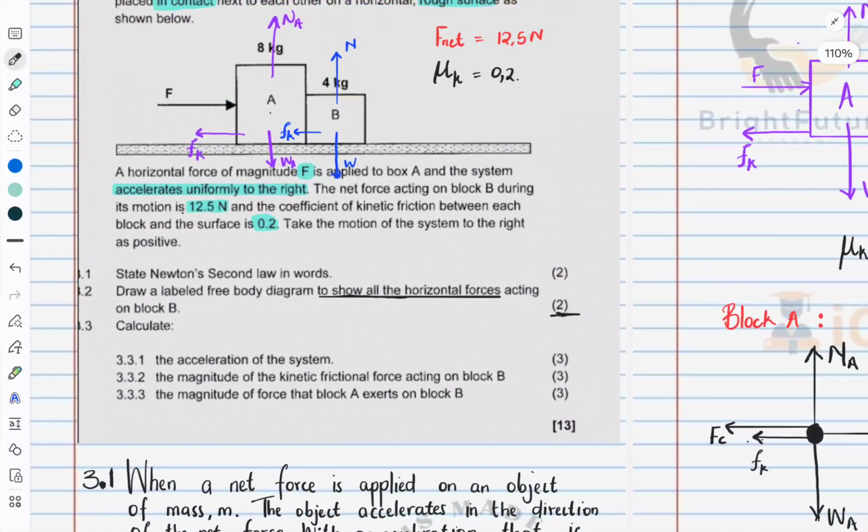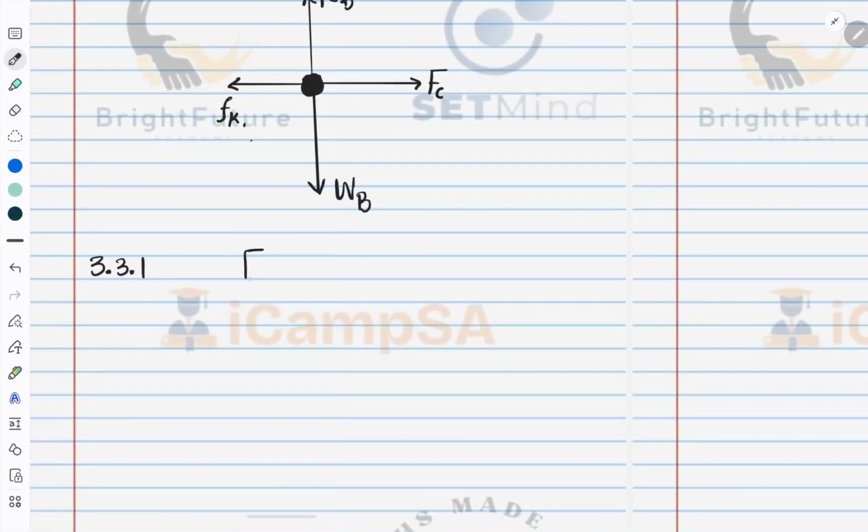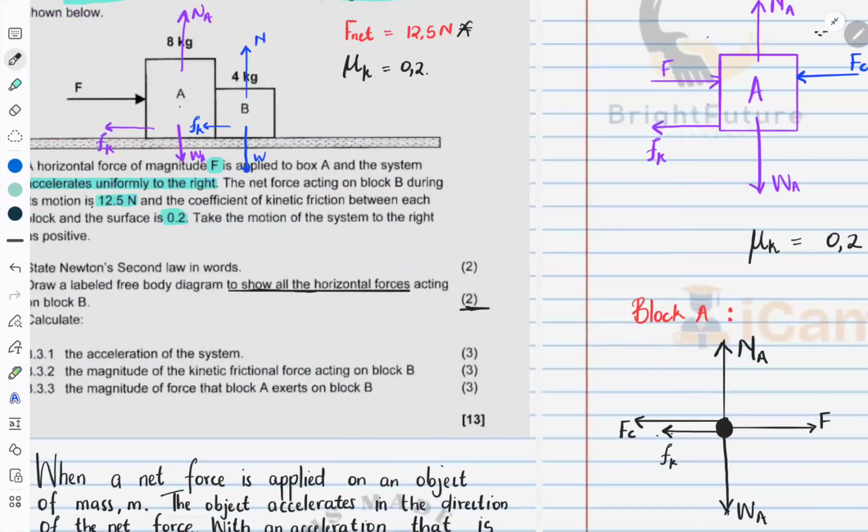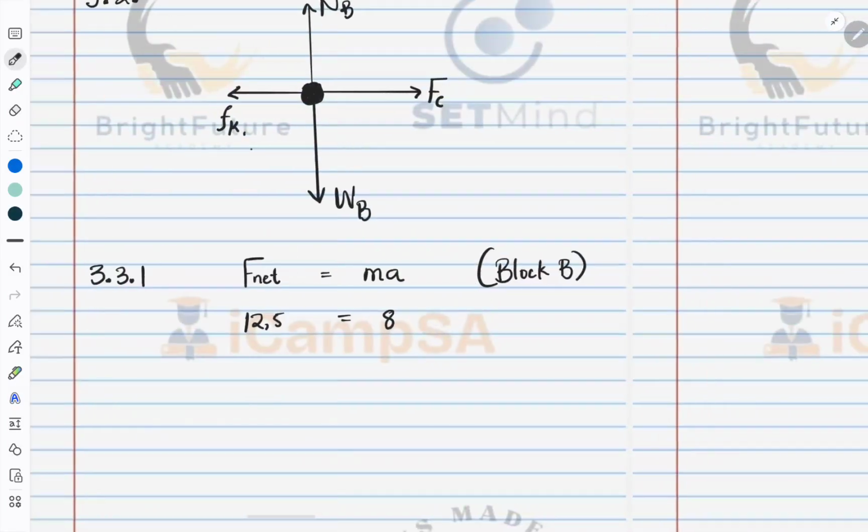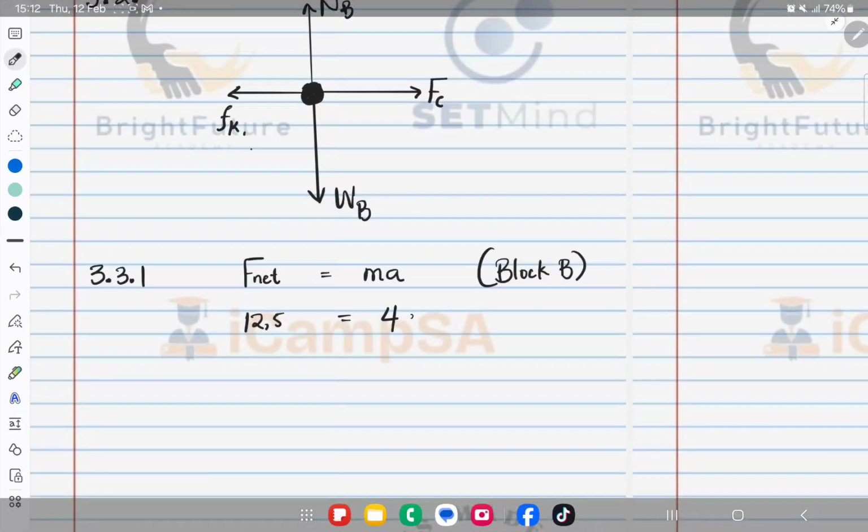If you remember, at the start we were given this Fnet. It is for block B, and from our formula, Fnet is equal to ma, and in this case we're concerned with block B. We are told to take right as positive, and the net force is given as positive 12.5, lucky us, and the mass of block B is 4 kilograms, so that's 4a.